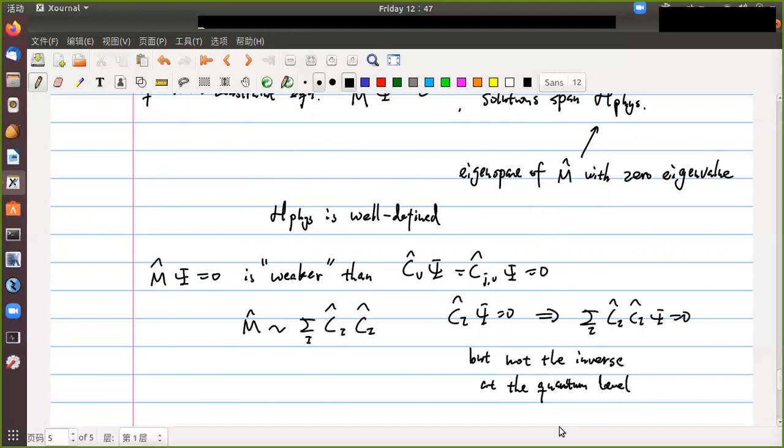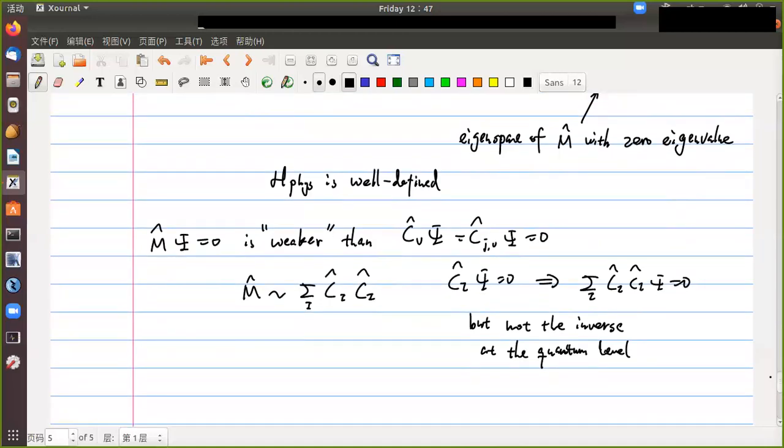Whenever you have the individual constraint equations, you can imply the master constraint equation. But supposing you have the master constraint equation, you cannot imply the individual constraint equations. That's why the earlier constraint equation is stronger than the master constraint equation. That's exactly what we need, right? The earlier constraint equation is too strong, so the physical Hilbert space is too small, and we want a weaker version of the constraint equation.